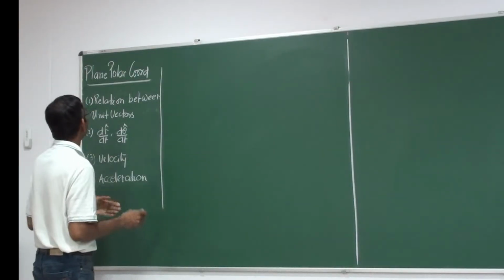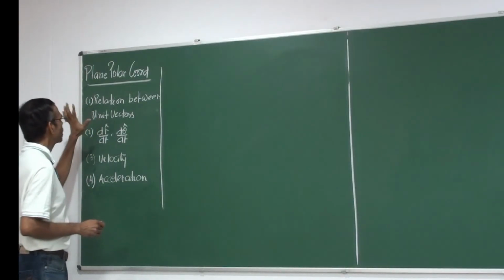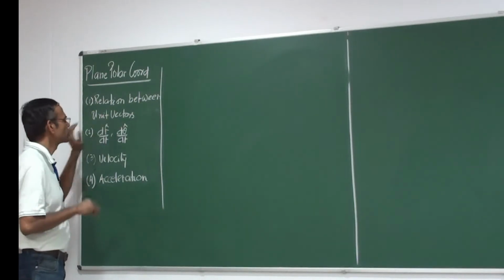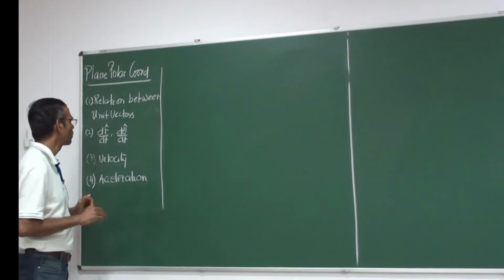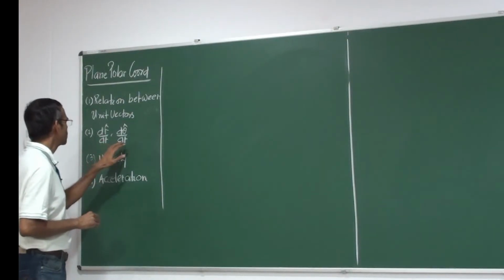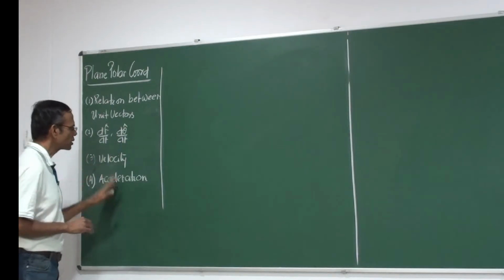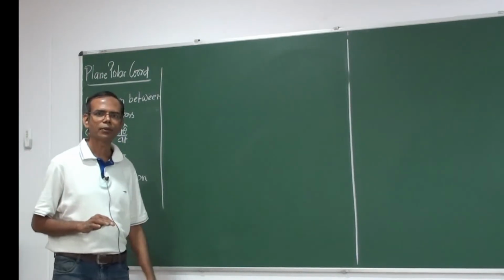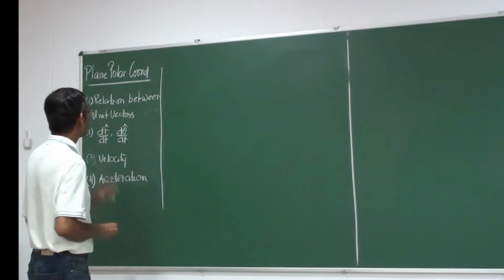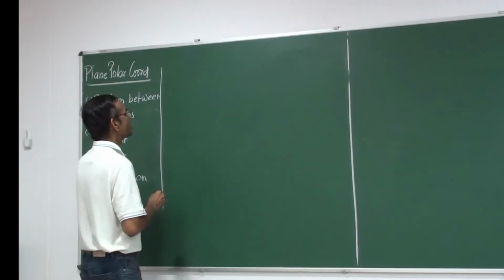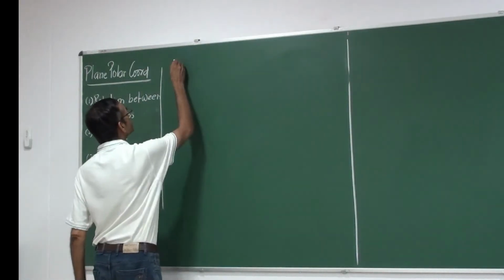The first we have to study is relation between the unit vectors. That is from the last class. I hope you have done it. Then dr cap by dt, d theta cap by dt, velocity and acceleration. So these are the four things that we are going to learn today. So let us start with the first one, that is relation between unit vectors.